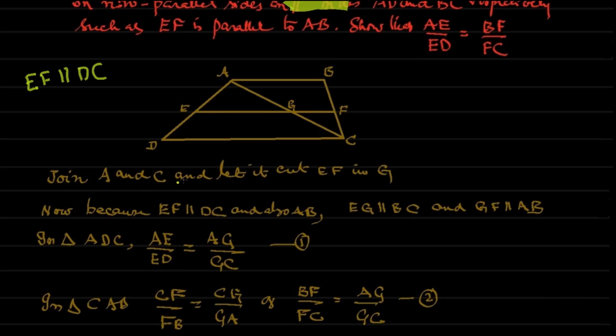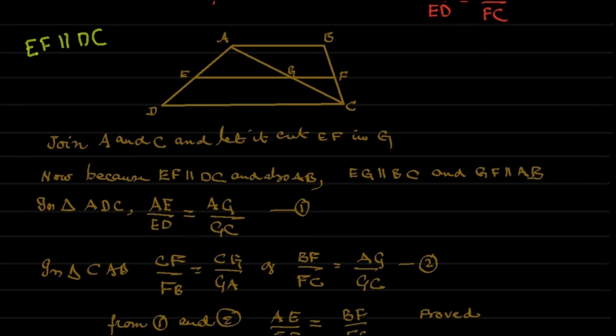Join A and C. So you take this triangle. In this triangle, EG is parallel to DC. So AE by ED equal to AG by GC. Understood? Similarly, take the other triangle.